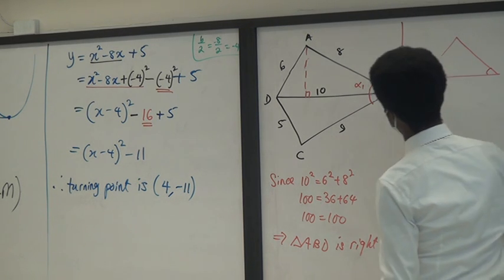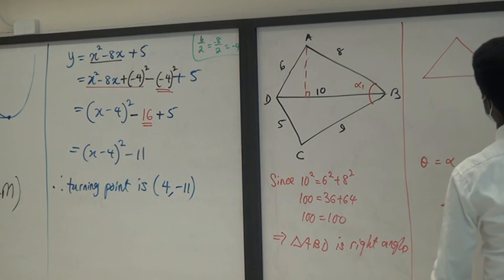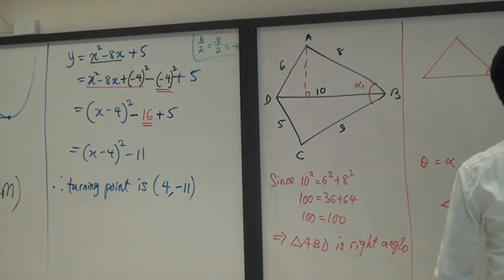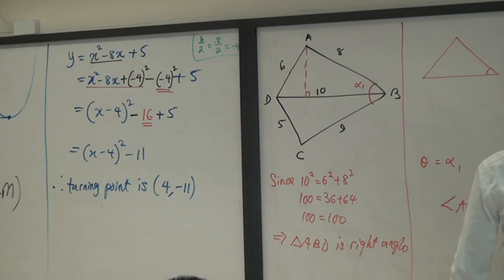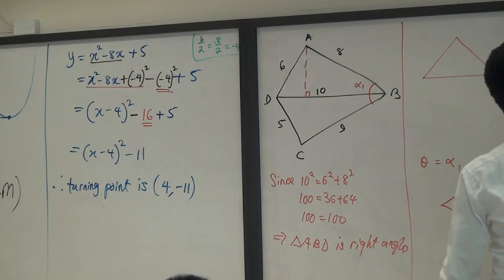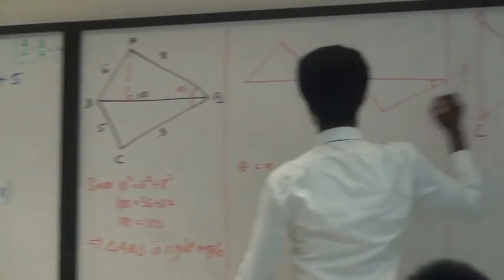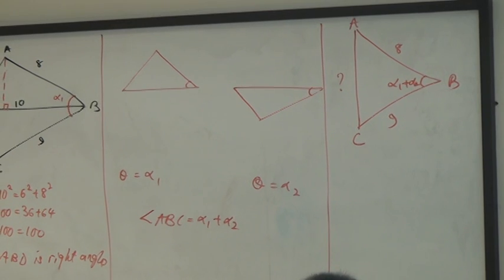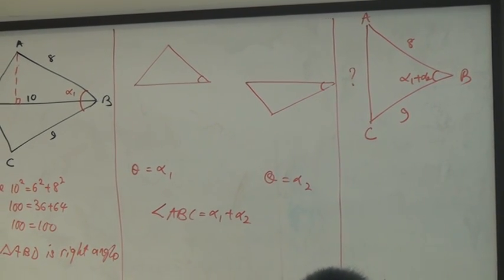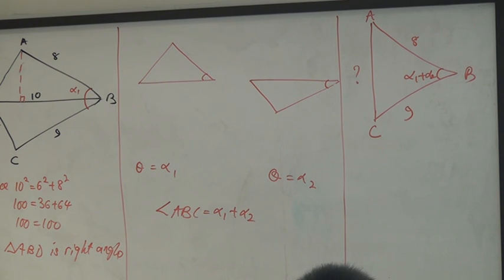Because you already have this angle, you consider triangle ABC. This is 8, this is 9, and this is what you are looking for. This is the alpha 1 plus alpha 2 that you have found. So again, what rule? Sine rule. Okay?